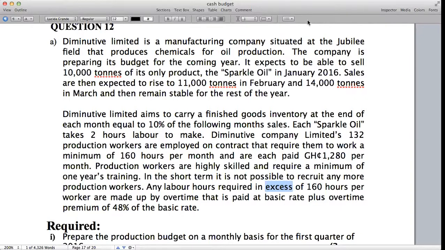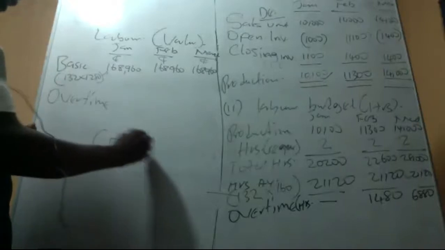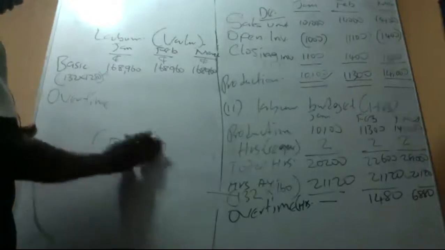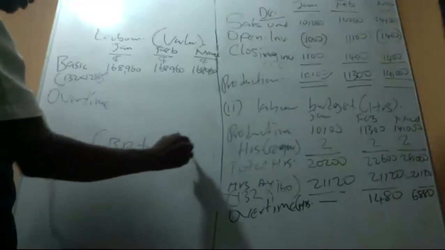Wow. So here, the overtime rate is equal to the basic rate plus overtime premium, which is 48% of the basic rate.